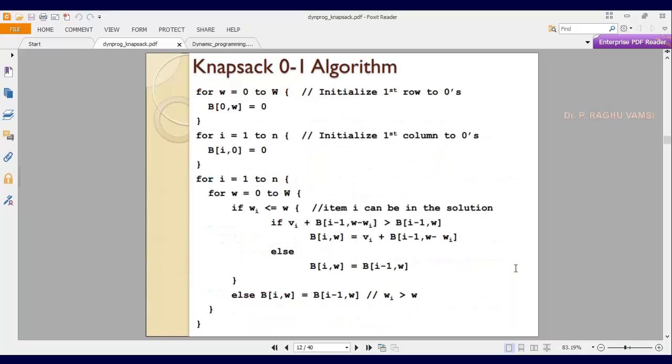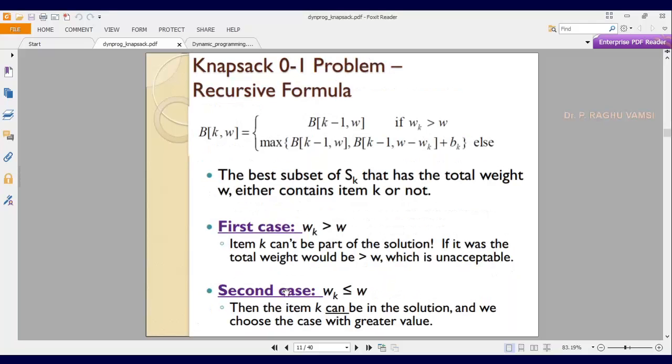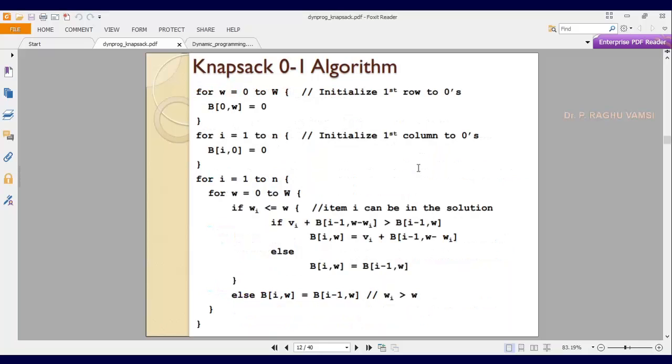If you write the program for this, the same formula is written in terms of a loop, where n is the number of items and we are supposed to reach up to the maximum weight W. First of all, we initialize the weight w from 0 to W, and b of 0 comma w is equal to 0, for i from 1 to n. This is the initialization we are supposed to do: all the weights and all the items initialized to 0. Then consider every item, and we grow up to the maximum weight.